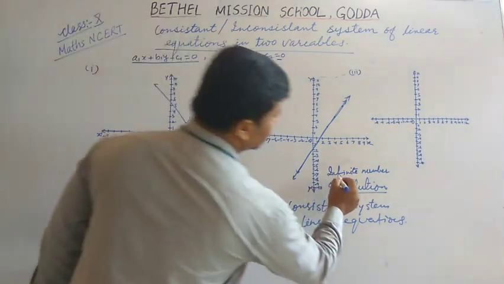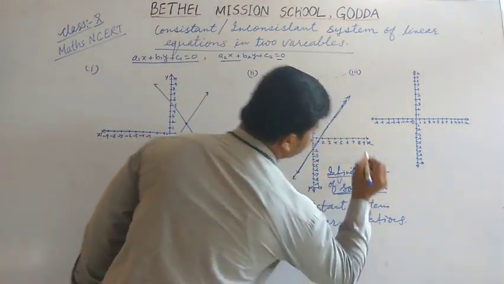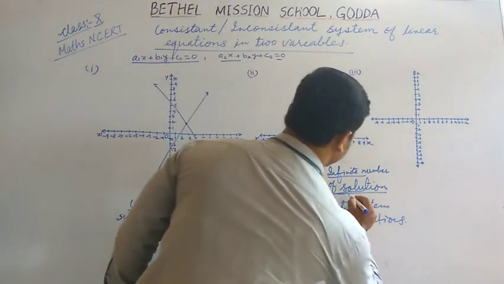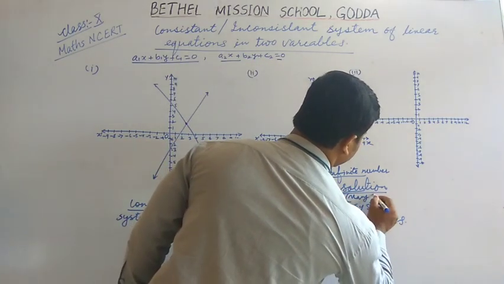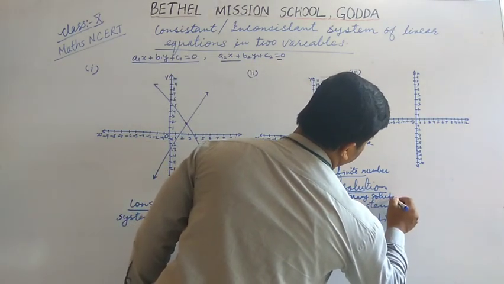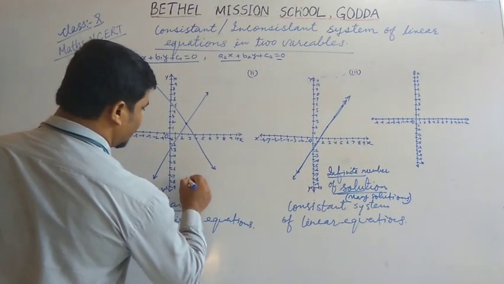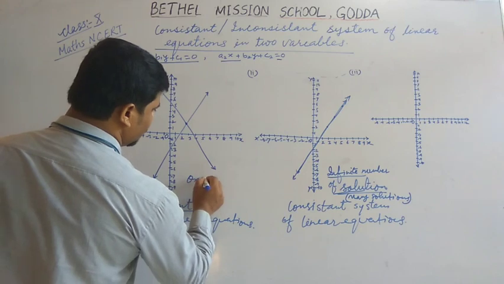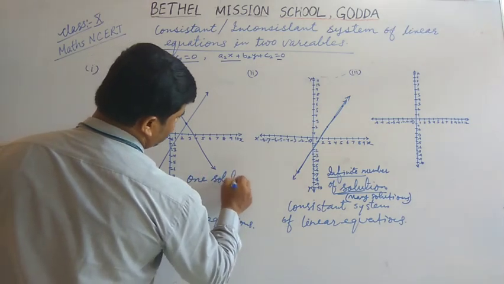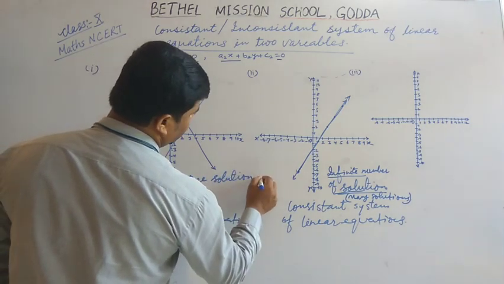Why? Because there are an infinite number of solutions, which means more than one solution. Here, one solution only.